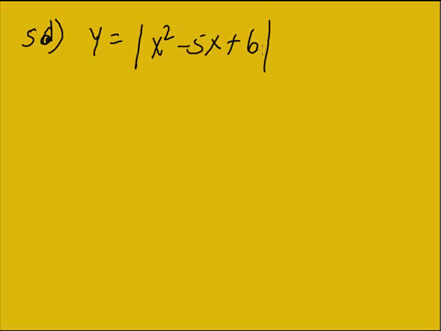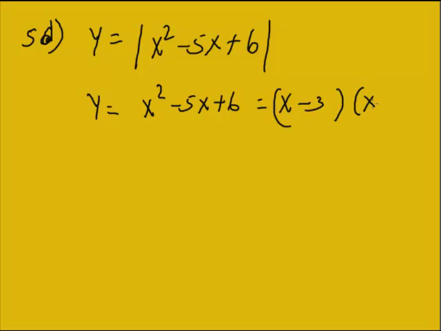Alright, so when we have absolute value, everything has to be positive. Okay, so this inside here, let's say we didn't have an absolute value, then this would be just like y is equal to x squared minus 5x plus 6. Well, we know that's a parabola, and if you were to factor that, I'm going to get x minus 3 and x minus 2, in factored form.